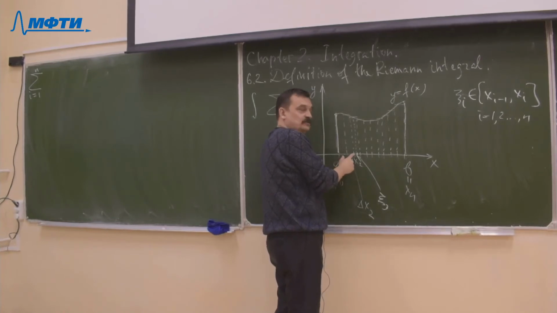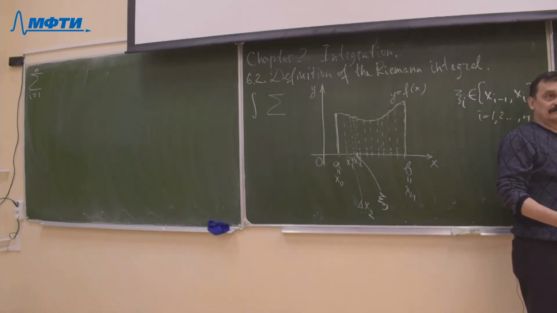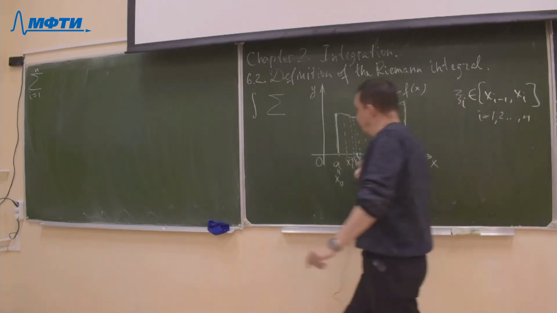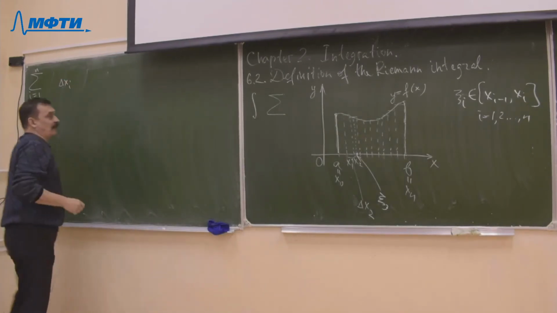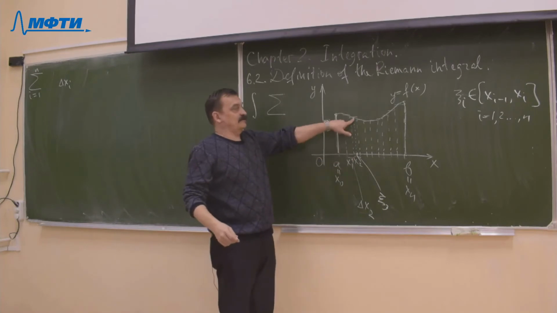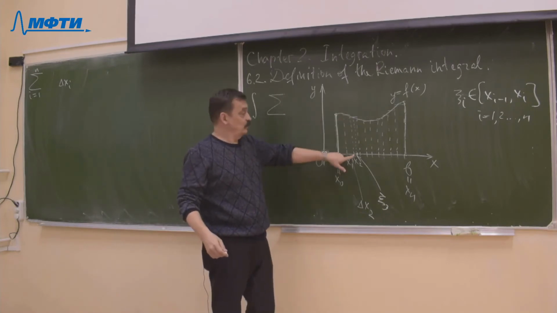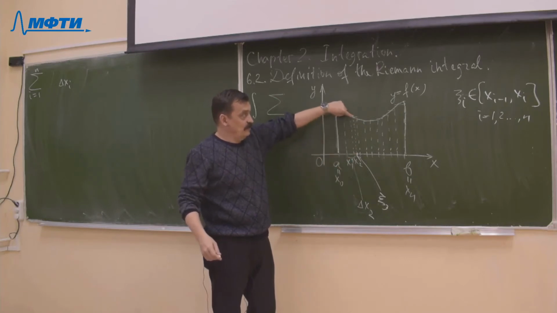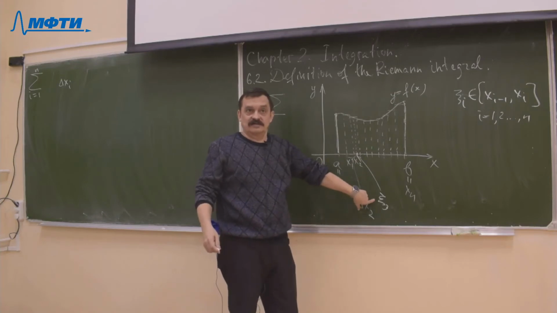What do we need to do? We need to multiply the length of one interval. What is the length? Delta xi, right? That is the length of one interval, times the height. What is the height? We took the value of our function at the distinguished point.